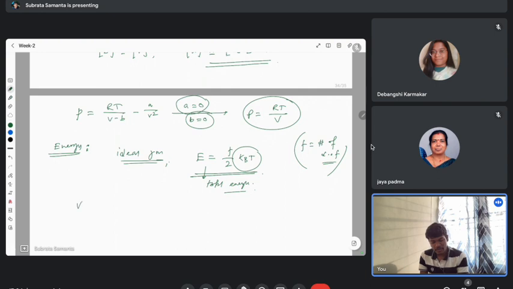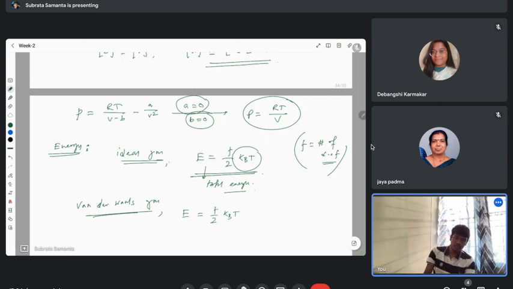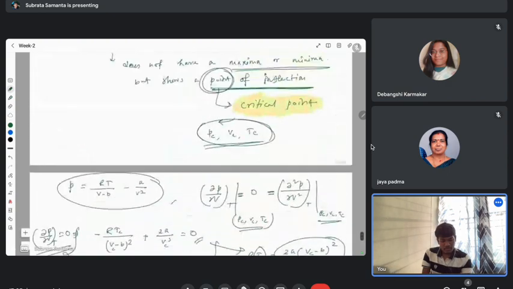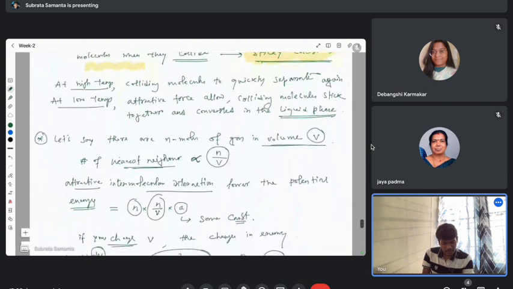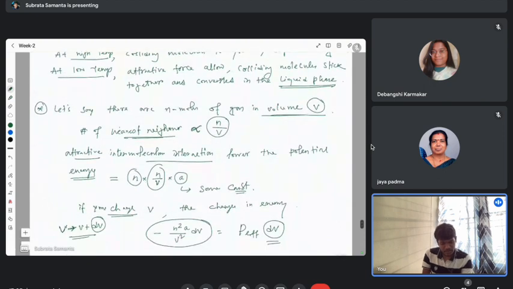So now for the van der Waals gas, the potential energy comes into the picture. The kinetic energy part F by 2 kT is still there. So now the potential energy: what is the potential energy? As I said in the beginning, attractive intermolecular interactions lower the potential energy.